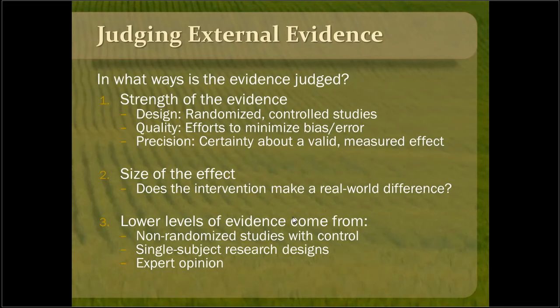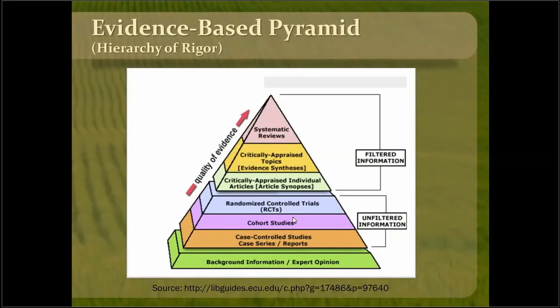And then we also look at lower levels of evidence, coming from maybe non-randomized studies, single subject designs, and even expert opinions. In talking more about different levels of evidence, we can look at a hierarchy pyramid, or an evidence-based pyramid. The general thinking is that as you move towards the top of the pyramid, it's of higher rigorous quality, and as you move towards the bottom, it's not quite as strong.